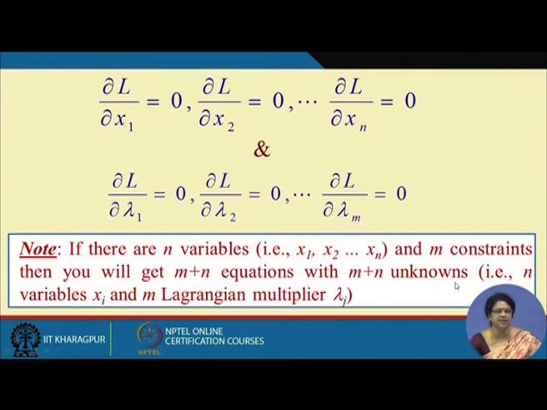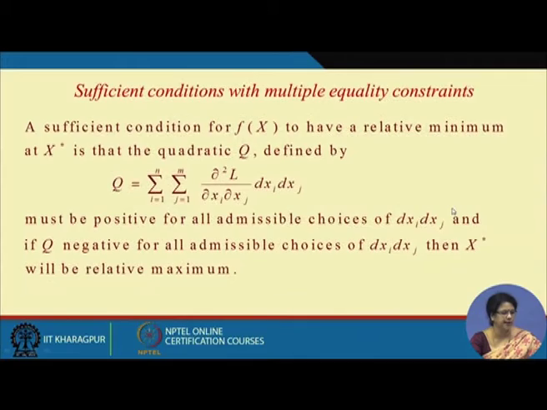Now we need to check the sufficient condition as well. I need not explain it to you. We have to take the first order partial derivatives of the Lagrange function with respect to the decision variables x1 to xn, and another set with respect to the Lagrange multipliers. m depends on the number of constraints, I told you many times.